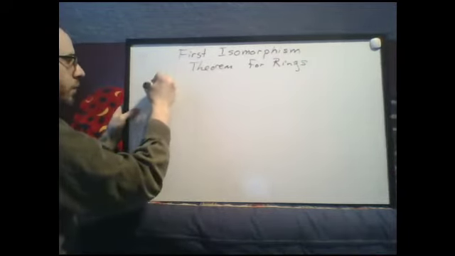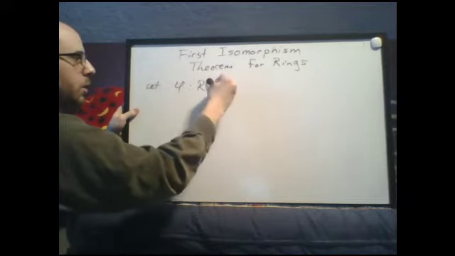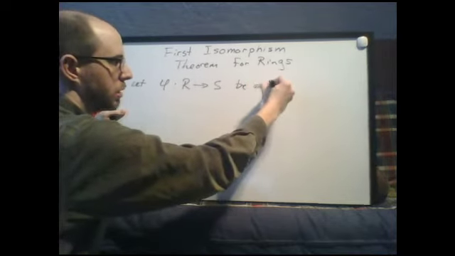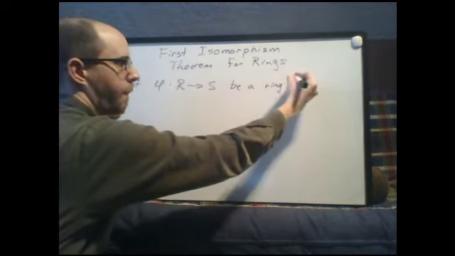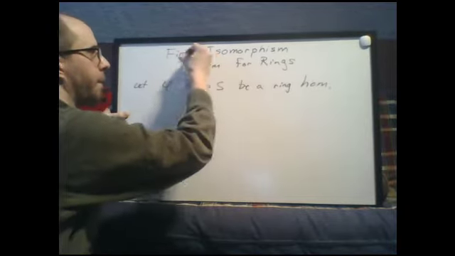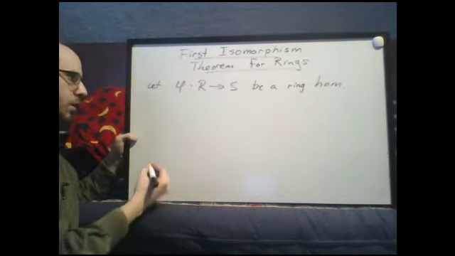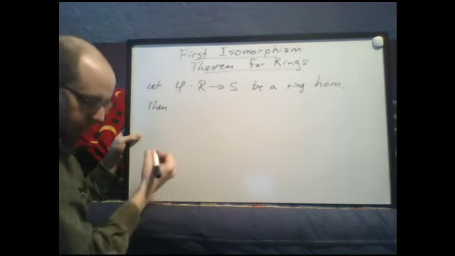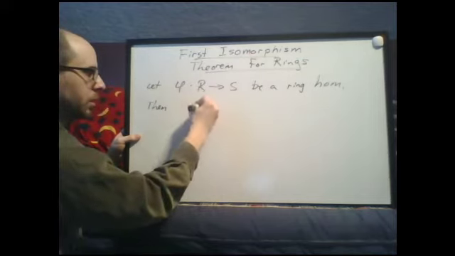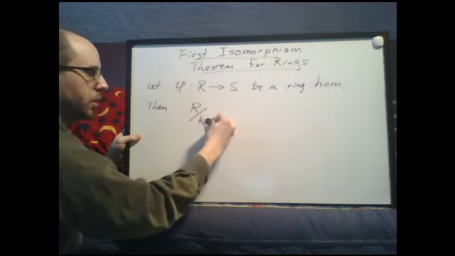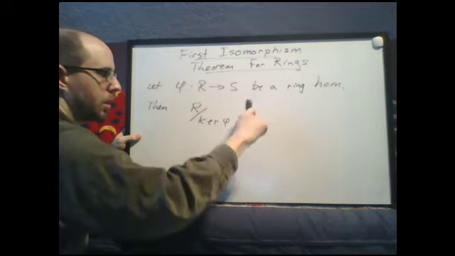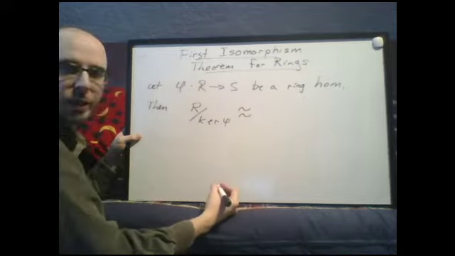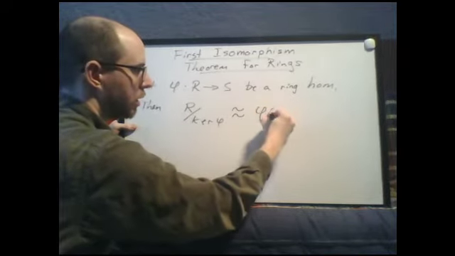So let phi from R to S be a ring homomorphism. Then, I guess I didn't define this, but R mod the kernel of phi is isomorphic to phi of R.